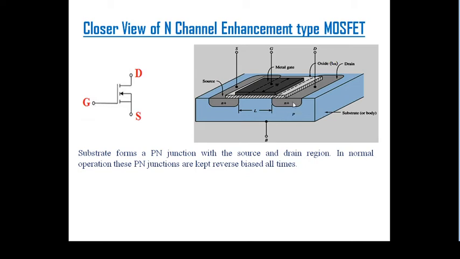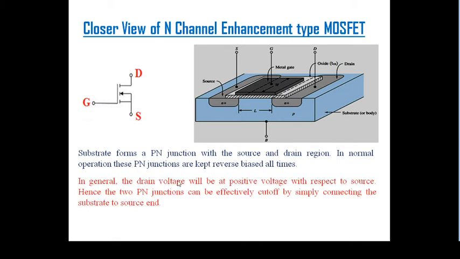In normal operation we have to keep it in the reverse bias direction, which means the drain is connected to the positive terminal. So in the general diagram, the drain voltage should be positive with respect to the source, to make it reverse biased.